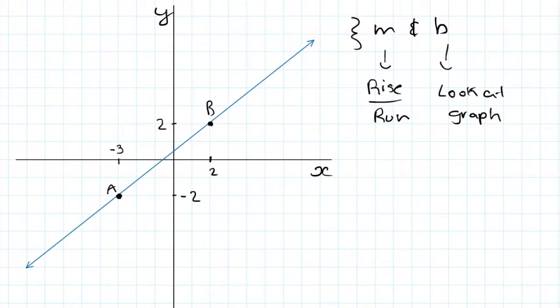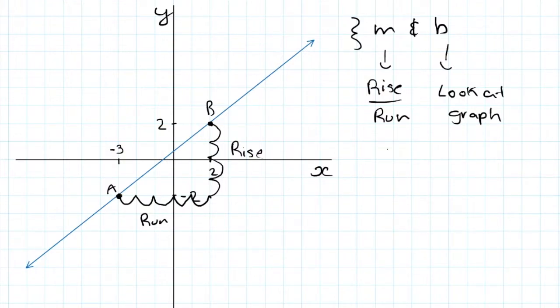So we can say that 1, 2, 3, 4, 5 is the run. Now if we go up 1, 2, 3, 4, we can say that 4 is the rise. Now that we have the rise and the run, we can find m.